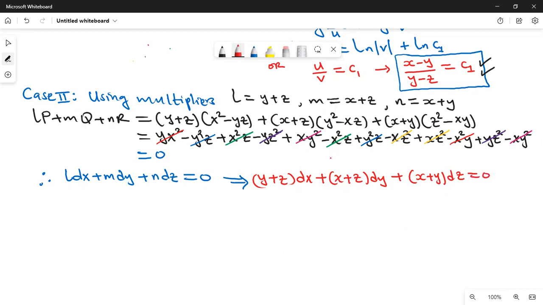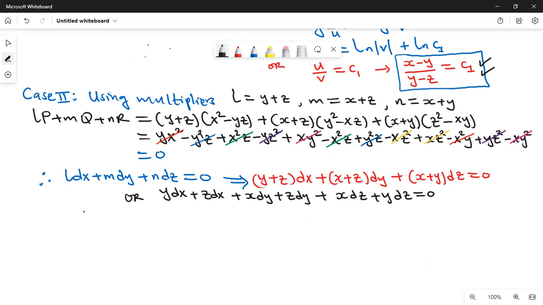If you open the bracket, you're going to get y dx plus z dx, plus x dy plus z dy, plus x dz, then plus y dz. That will give us 0.